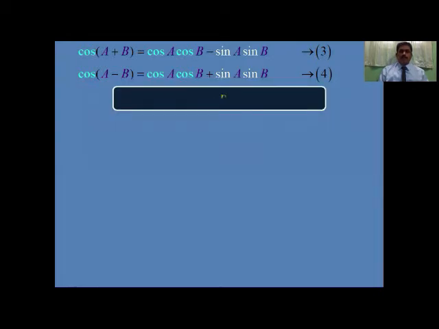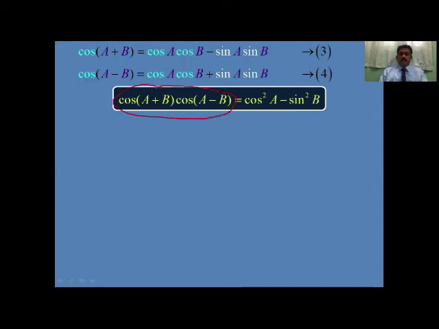The first formula is cos of a plus b into cos of a minus b equal to cos square A minus sin square B. If you observe your left hand side, it is in the form of multiplication. So I am going to multiply the third equation and fourth equation.